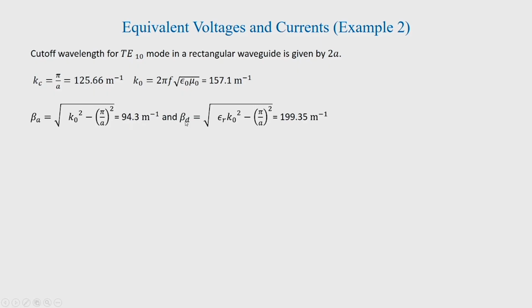Similarly, when beta d inside the dielectric waveguide is calculated, instead of k naught it is k, so it will be epsilon r into k naught square, and it comes out to be 199.35 per meter.